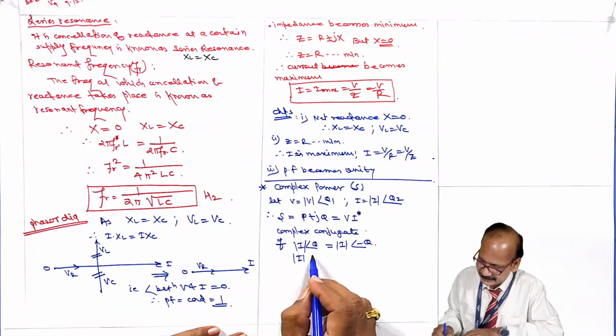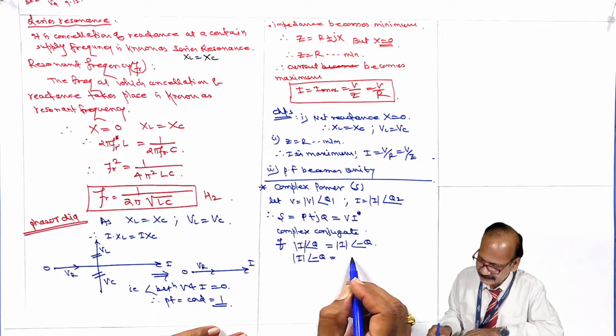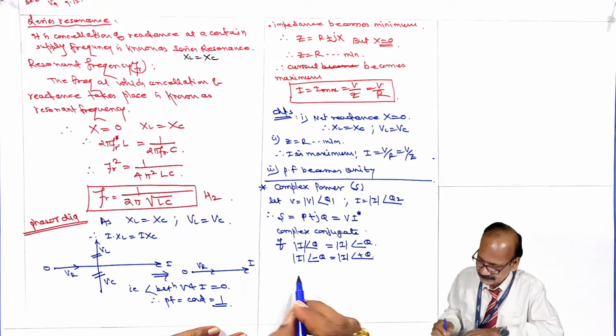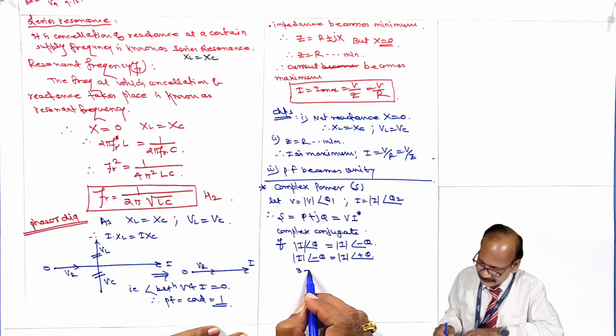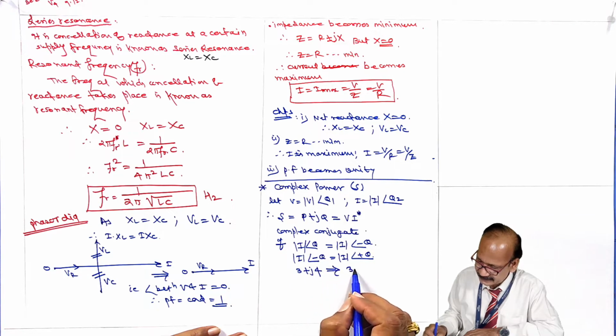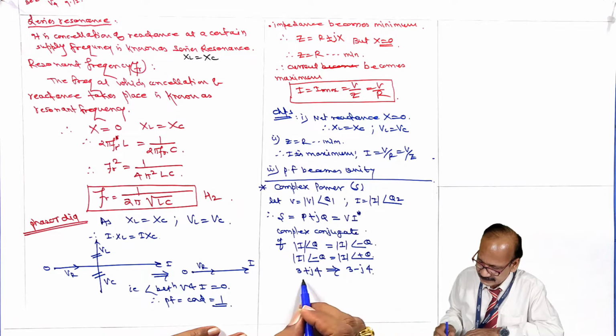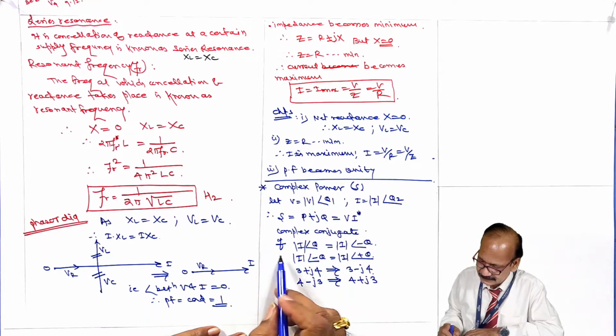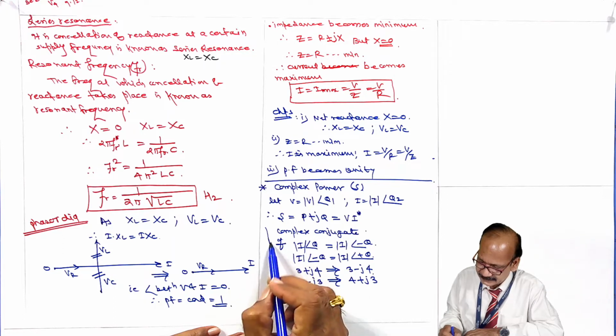If it is I angle minus theta, it will become I angle plus theta. If it is 3 plus j4, its complex conjugate will be 3 minus j4. If it is say 4 minus j3, its complex conjugate will be 4 plus j3. So this is the complex conjugate.